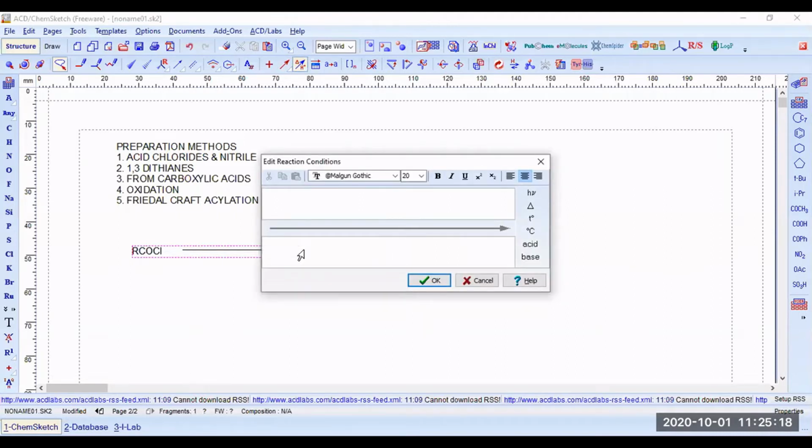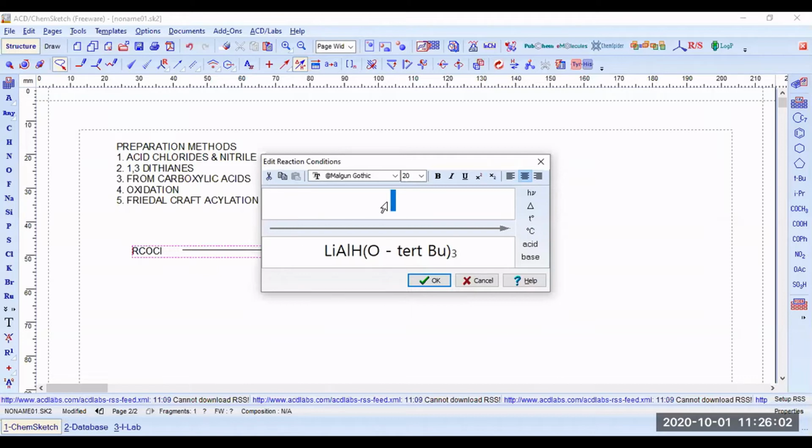Lithium aluminium hydride is a reducing agent, but in order to reduce its reactivity, we keep LiAlH with O-tertiary butoxy, three times.